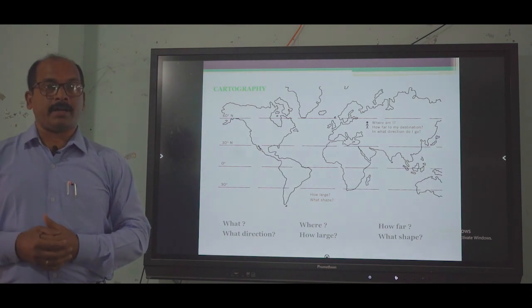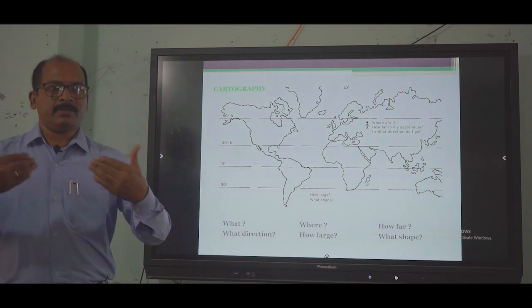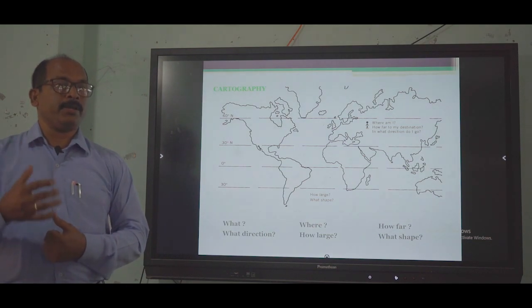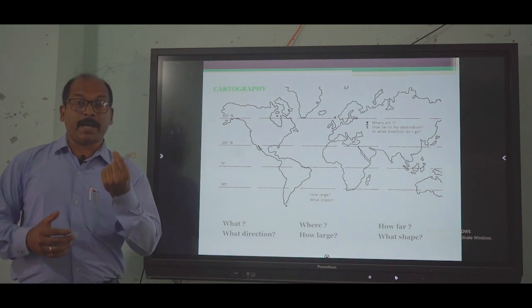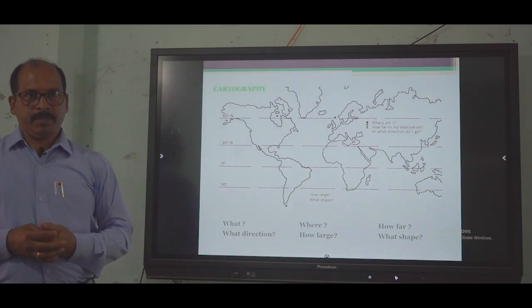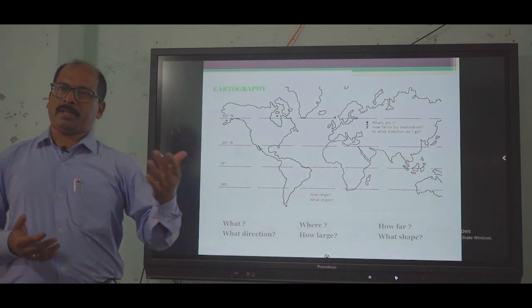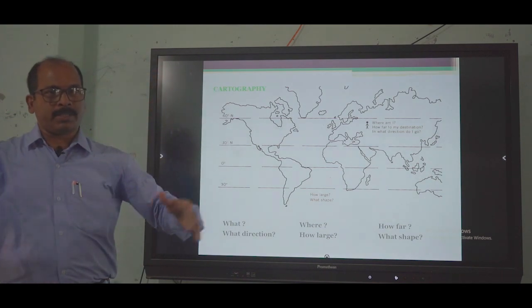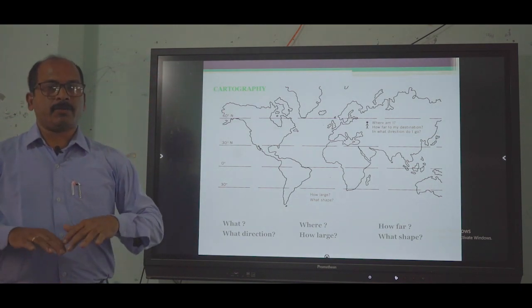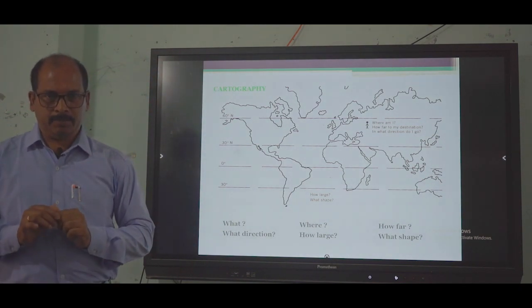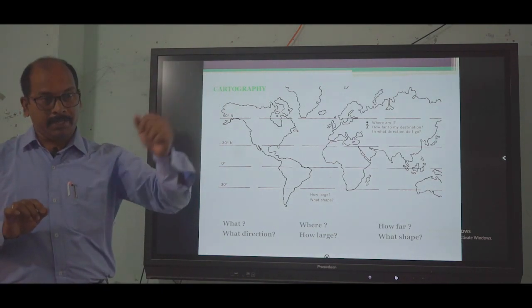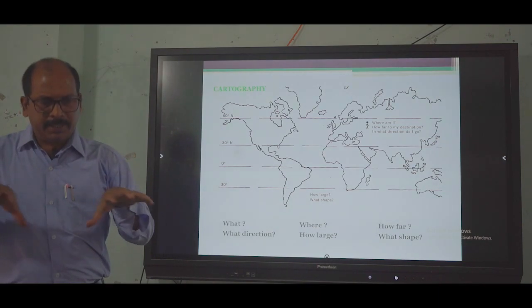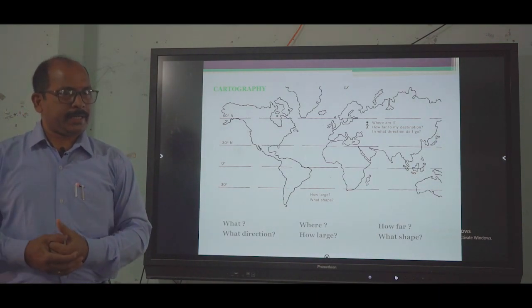Where you are, you will speak about a position, and that position can be plotted on a flat sheet of paper. Whenever we move from one place to another, we cannot see the whole surface with the naked eye. From Guwahati to Goalpara, Goalpara to Bongaigaon, from Bongaigaon to Delhi or Kolkata, we cannot see the whole area with the naked eye.